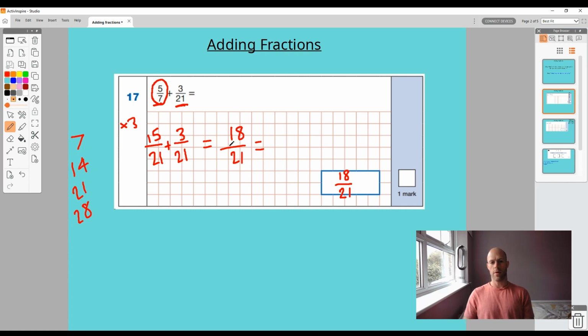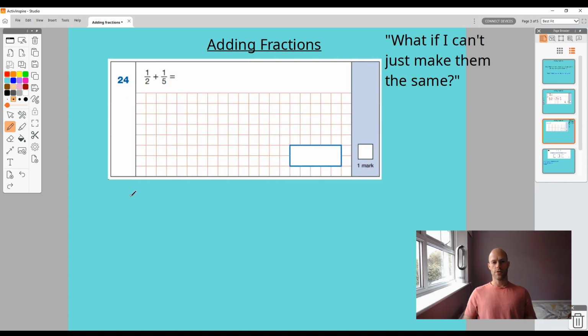Well, I can't divide by the numerator at the moment. I can't divide both of these numbers by 18, but I know they're both in the 3 times table. Okay, so I'll divide them both by 3. 18 divided by 3 is 6. 21 divided by 3, as we've seen there, is 7. So you could put 18 over 21. That is a correct answer, or you could, gold standard, write the simplified answer of 6/7 in there.